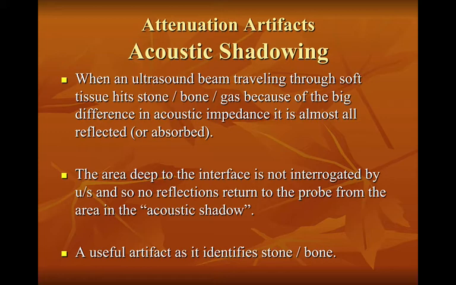So nothing behind the stone or bone or gas interface can be interpreted, and you get what we call an acoustic shadow. An acoustic shadow can be really useful because if you've got a bright reflection with a dark shadow behind it, that means that that bright reflection must be stone or bone.